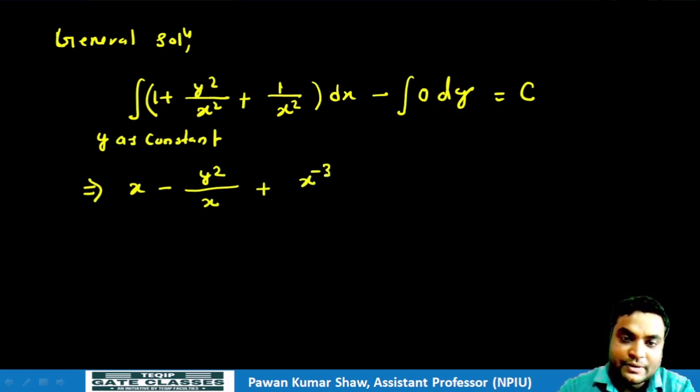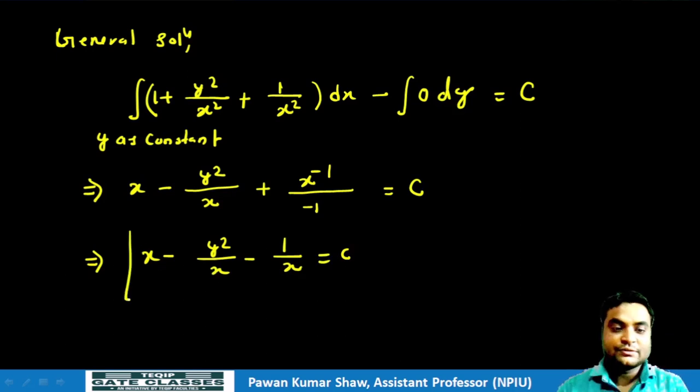It's x to the power of minus 2, and its integration is x to the power of minus 1, that is 1 by x simply, equal to constant. So what we can write now is x minus y square by x minus 1 by x is equal to constant. This is our general solution.